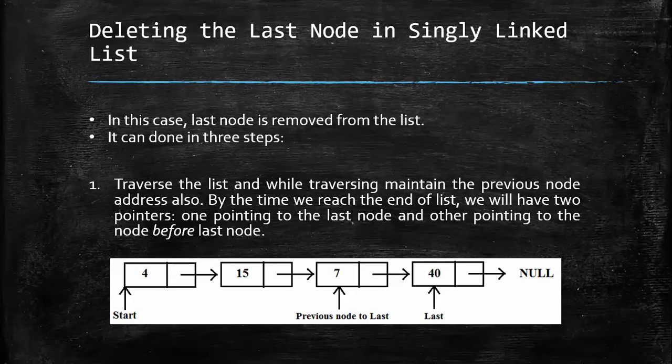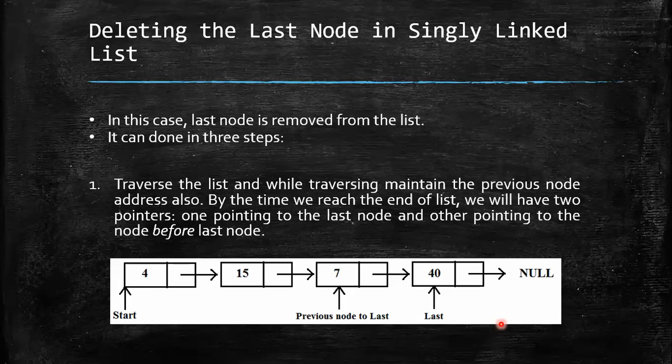So when we want to remove the last node from the linked list, in this particular example, I want to remove the 40 out of the list.